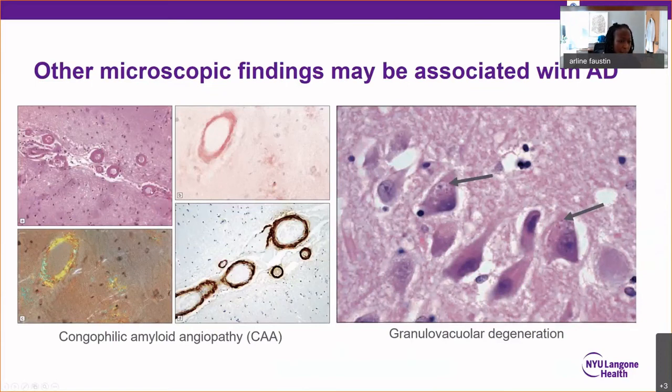Really thick, really pink, and we use different methods to highlight them. We use Congo red, which is kind of an immunofluorescence, so that you can notice it, and we also use the A beta antibody immunostain, so that we can also identify them. Why is CAA important? Well, if we have a brain and we noticed a bleed and the person didn't have a stroke of any sort, but they had CAA, we can see CAA as a cause of that bleed.